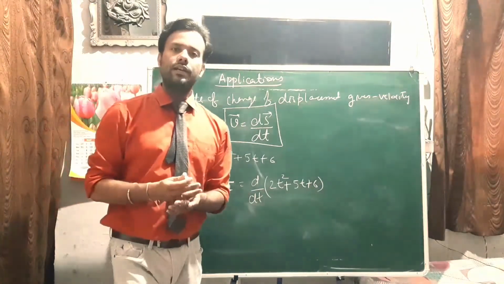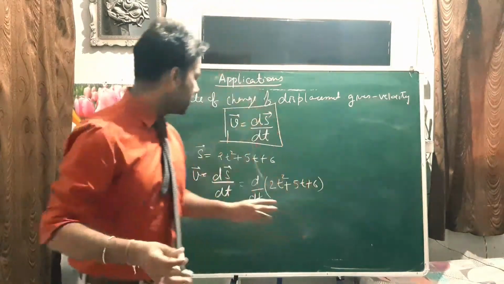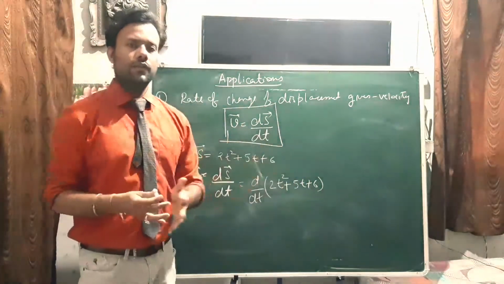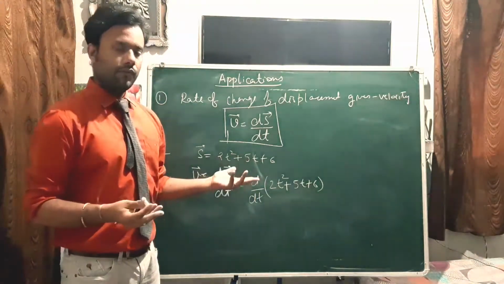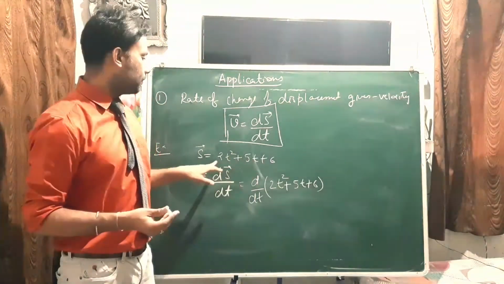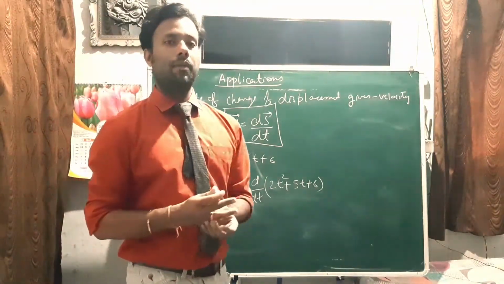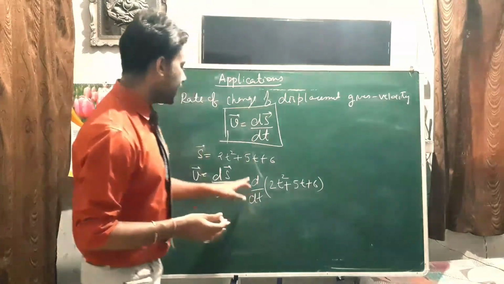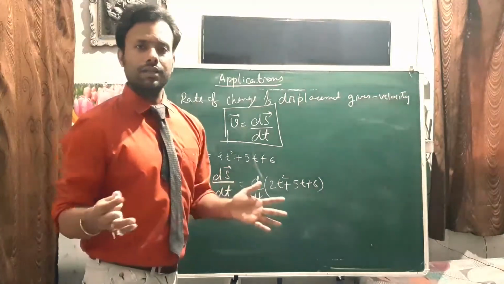Obviously we will differentiate with respect to the quantity on which it depends. It does not depend upon x, so why would we differentiate with respect to x? Here we have no x, we have t, which means displacement depends upon time. So we will differentiate displacement with respect to time. That is why ds by dt. Otherwise the concept is the same, the formulas are the same.